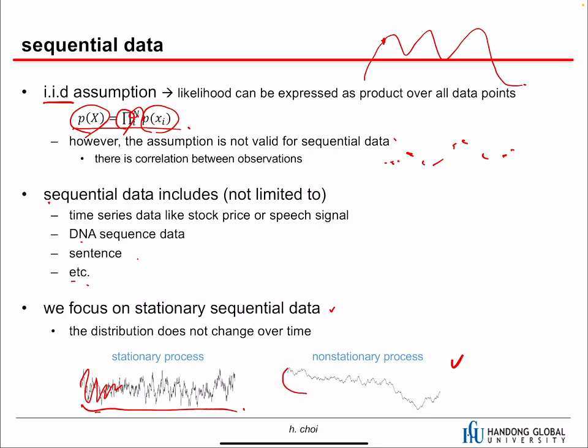When we check the average of these samples and the average of these samples, they are different. Or sometimes we have the same average, but different frequency. This is also non-stationary. But anyway, stationary data means the statistics of the distribution are not changing over time.